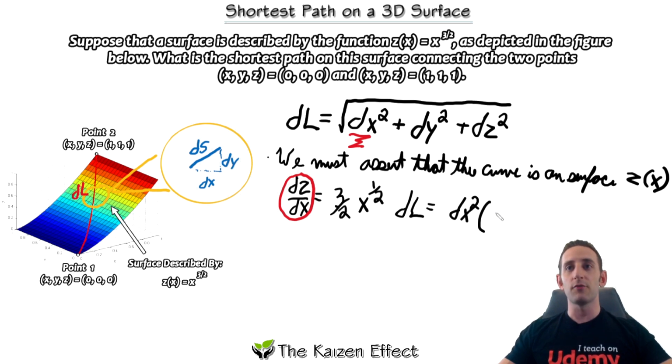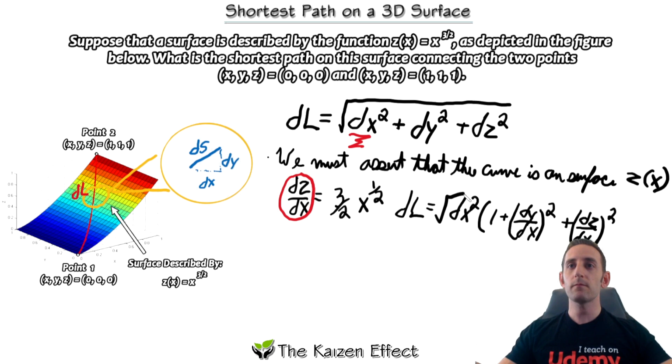I'm on your team after all. So this becomes dx squared. We pull that out. We get a 1 plus dy over dx, quantity squared. And then we get the dz dx, quantity squared. And then we want to take the square root.